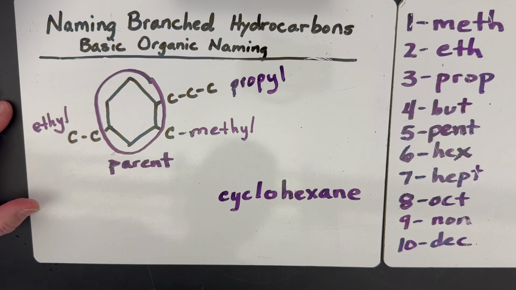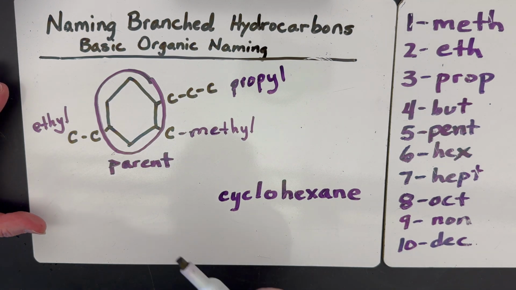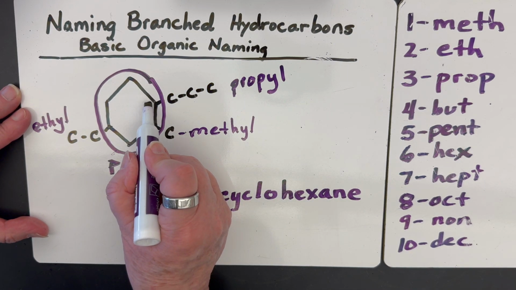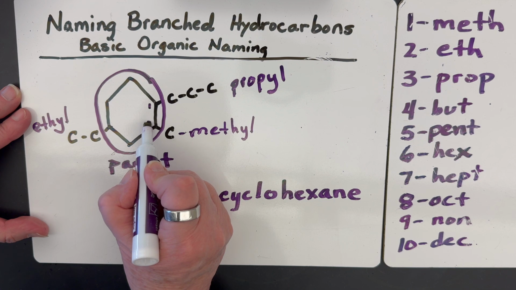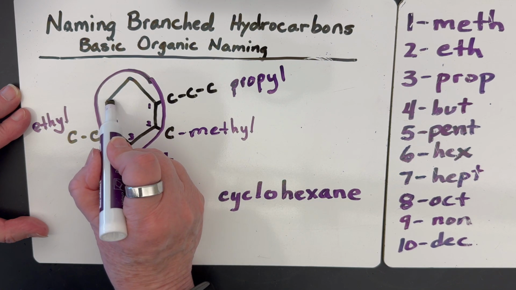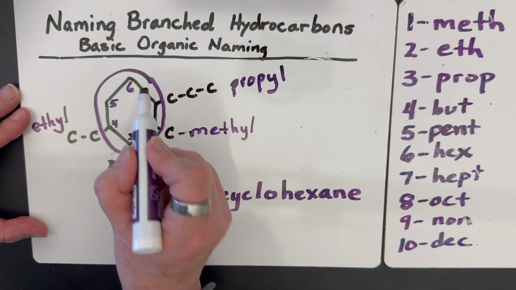Numbering these can be tricky because you can start anywhere in the ring and you can number clockwise or counterclockwise. So you have to figure out the way that's going to give you the smallest numbers. And the way that would give me the smallest numbers on this is if this is carbon 1, this is 2, 3, 4, 5, 6.